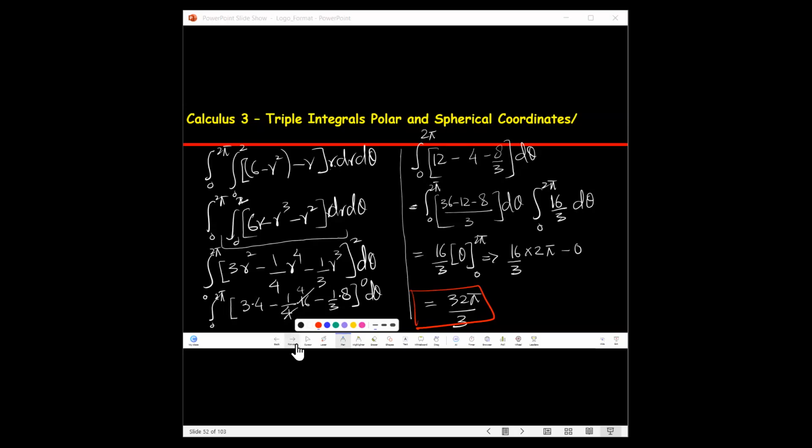Let's take a look at another problem which is a little bit different but has the same kind of structure.